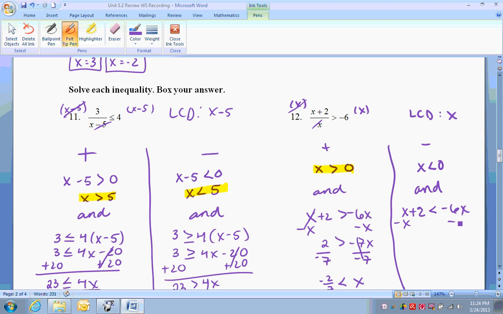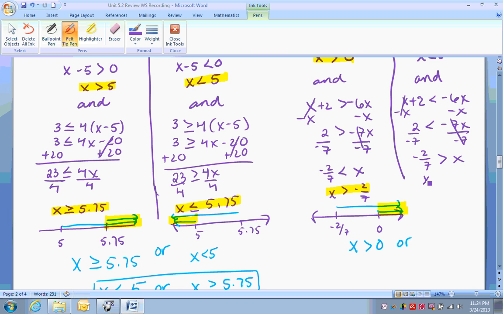I'm going to subtract x from both sides, and I end up with 2 is less than negative 7x. Divide by negative 7, and when you divide by a negative number, your sign changes. So you get negative 2 over 7 is greater than x, or in other words, x is less than negative 2 over 7. Draw your number line with 0 and negative 2 over 7. Oh, I flipped them.